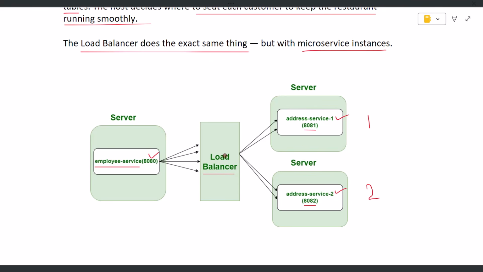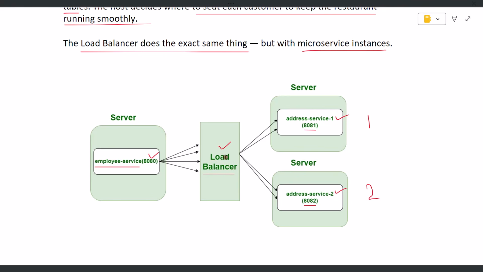Now let's see how the load balancer works. Look at the center of your diagram. The load balancer sits between the employee service and the two address service instances. When the employee service makes a request, it doesn't pick an instance. It doesn't know which one is healthy or which one is busy. All requests are sent to the load balancer.